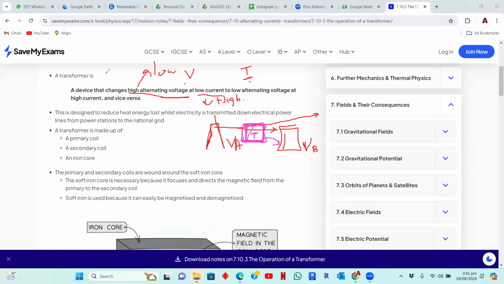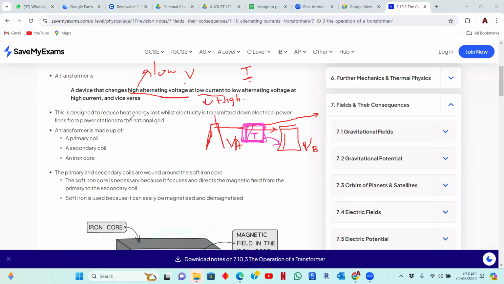Now why do we actually require a transformer over here? If you just think of it, if you supply that entire voltage, it's going to cause damage. If you supply lesser voltage, it might not run the appliances. So essentially you're reducing the heat energy lost, because when electricity is transmitted from power lines to power stations to the grids, there are a lot of chances of electricity being lost, or energy being lost basically.